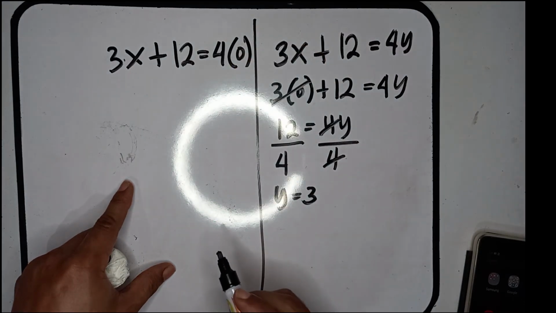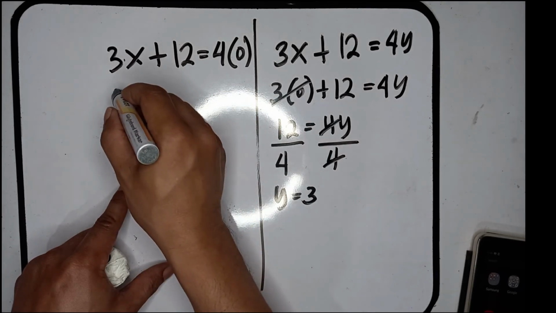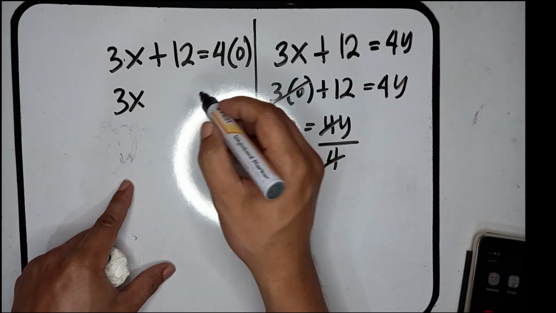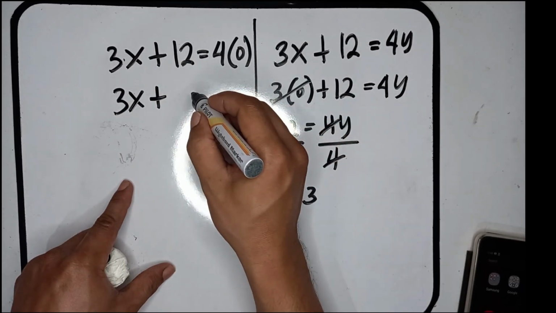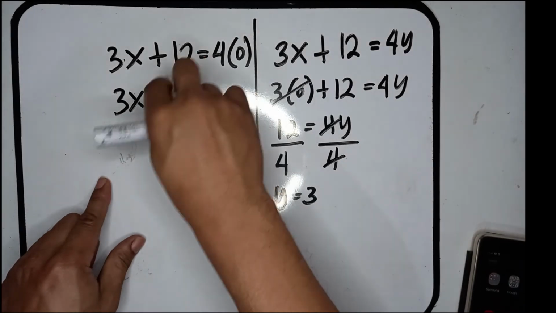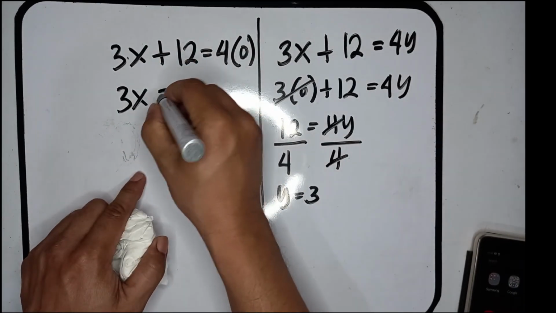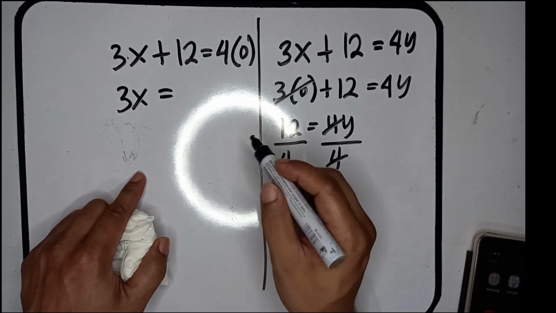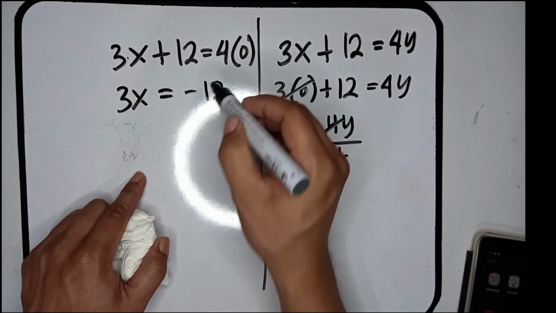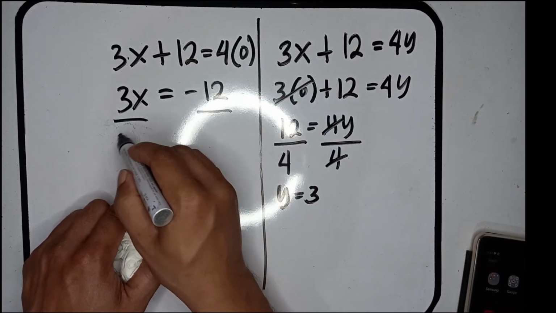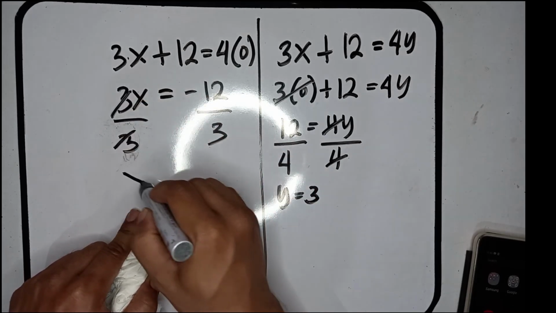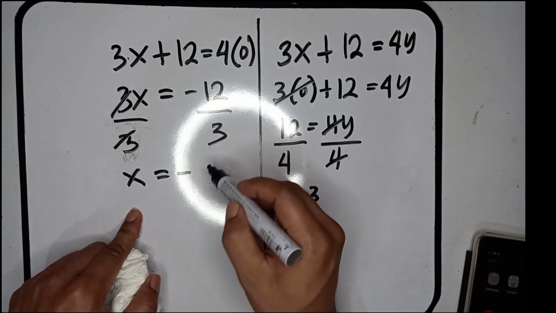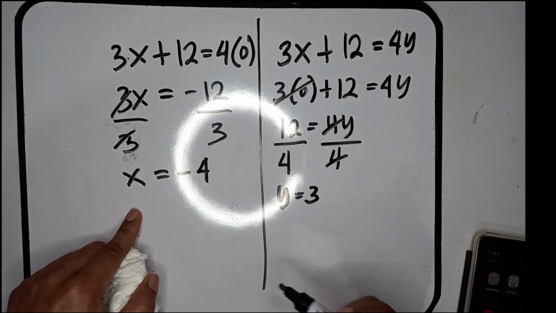Okay, and then we write here 3x plus 12 equals 0, so 3x equals negative 12, and then divide this by 3, so x will have a value of negative 4.